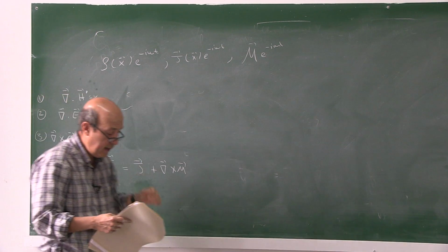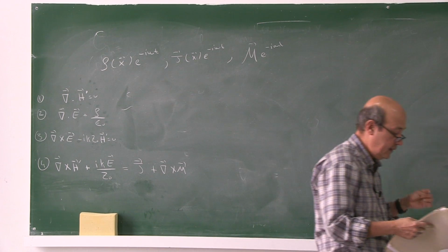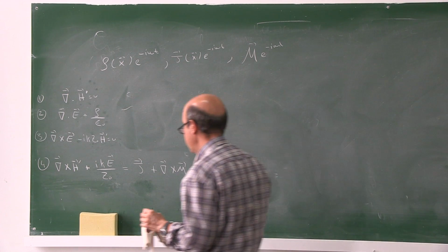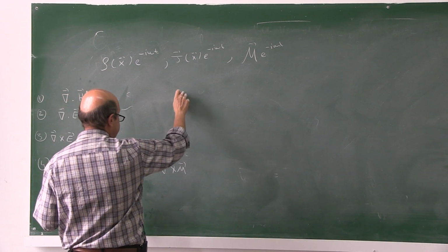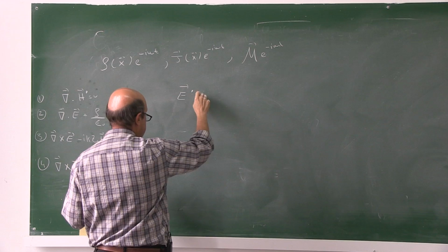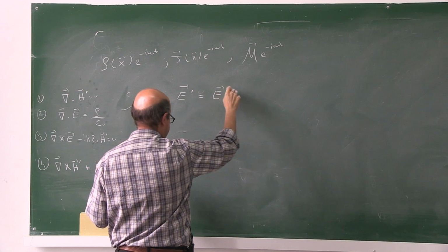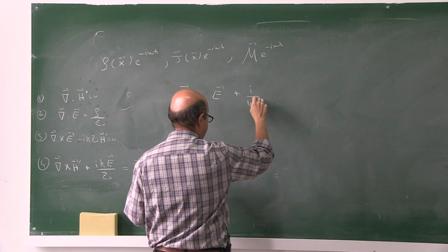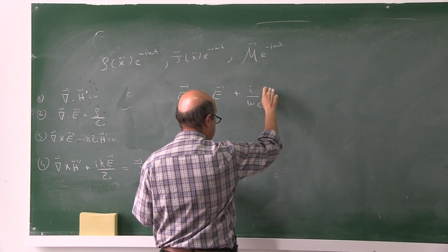So what I am trying to do, I will write a new field E prime, which is shifted by some imaginary number J.